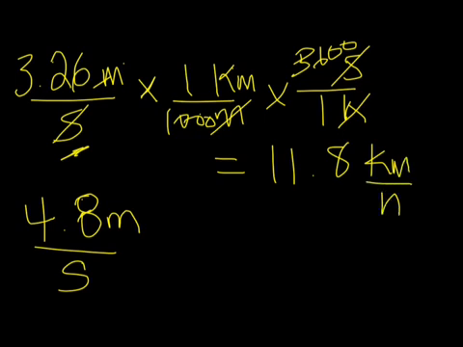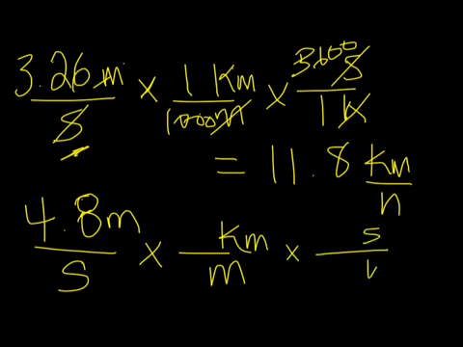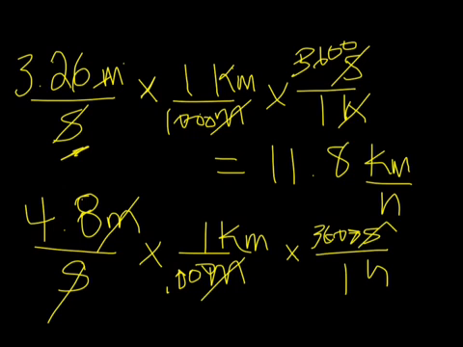And so we're able to do this complex conversion using this strategy. So again, I want to get rid of meters, be left with kilometers. Then I'm going to want to get rid of the seconds and be left with hours. 1 hour is 3,600 seconds, and 1 kilometer is 1,000 meters. That's going to get rid of my seconds, get rid of my meters, and leave me with kilometers per hour.